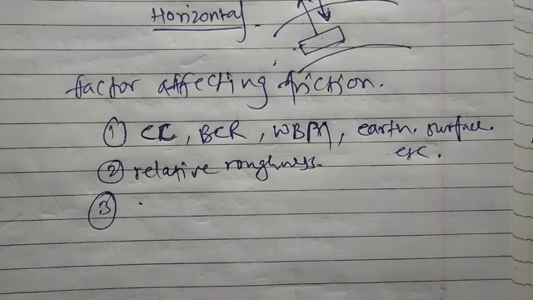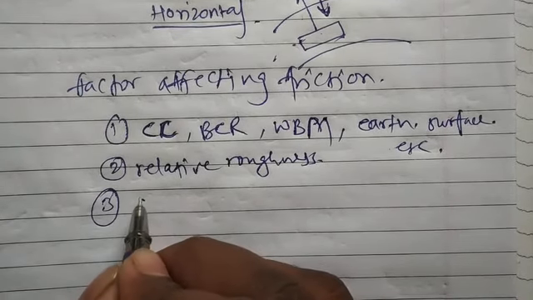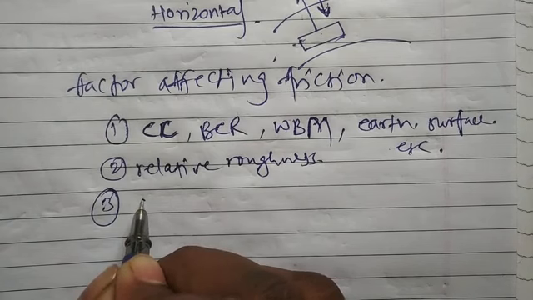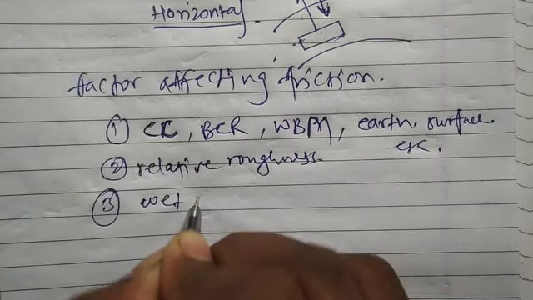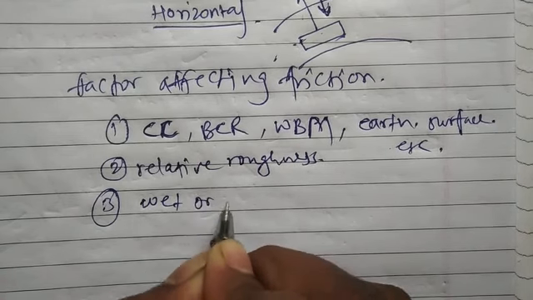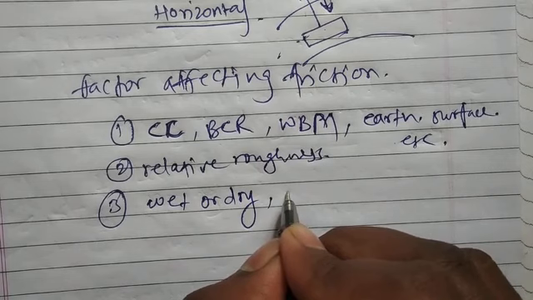The third factor is the condition of pavement, namely wet or dry, smooth or rough, oil spilled, or mud or dry sand on pavement. These conditions are also responsible for the friction.